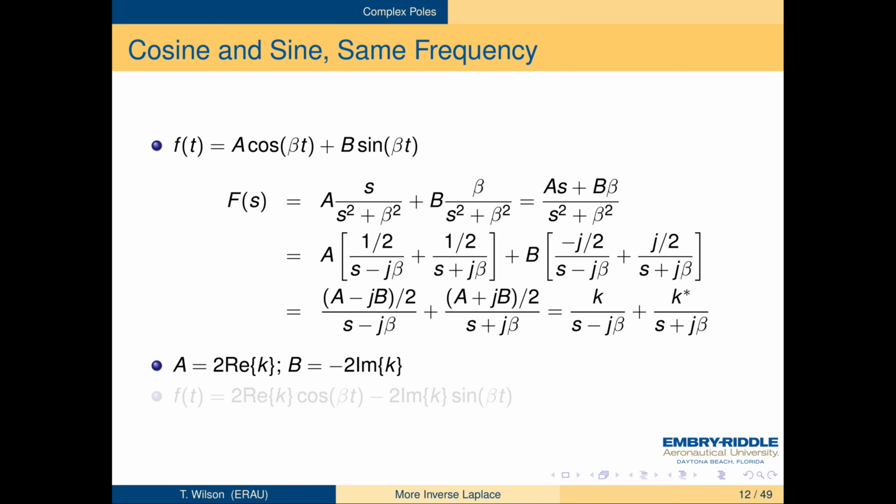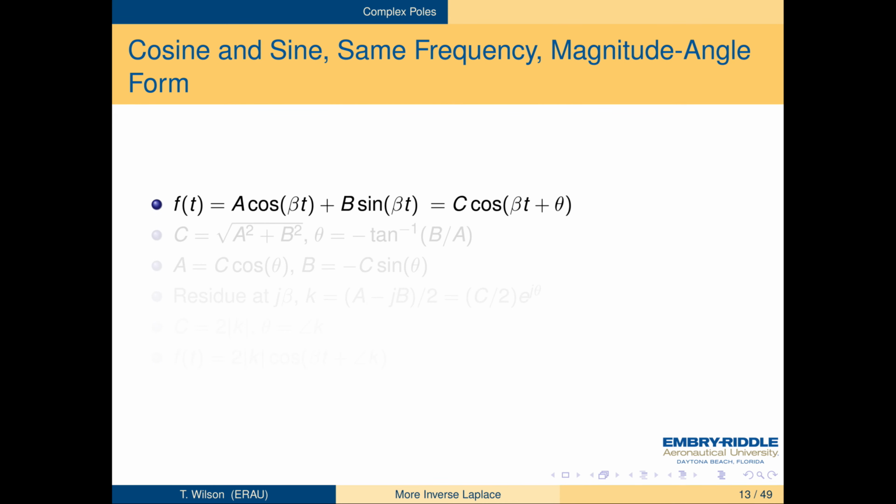Our cosine amplitude A is then twice the real part of the residue at j beta, and our sine amplitude B is the negative of twice the imaginary part of the residue at j beta. We can write f of t in terms of the residue at j beta as twice the real part of k times cos beta t minus twice the imaginary part of k times sine beta t.